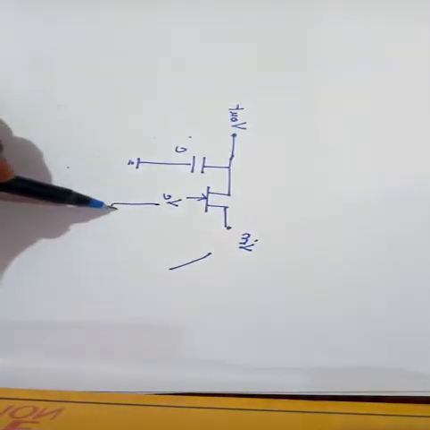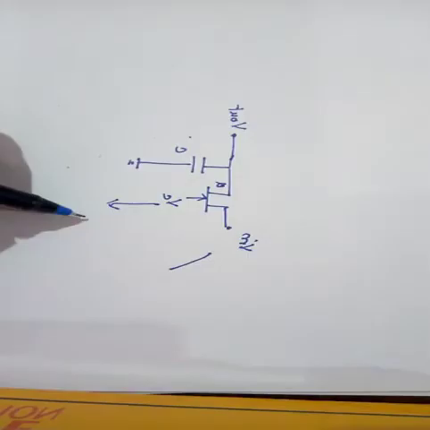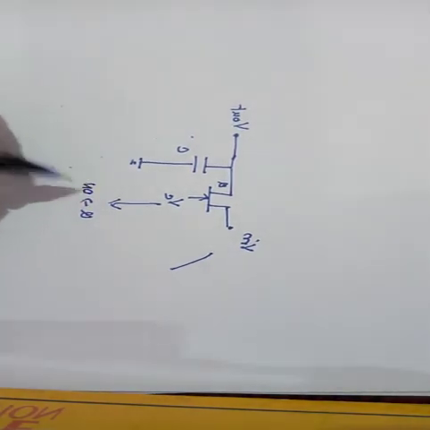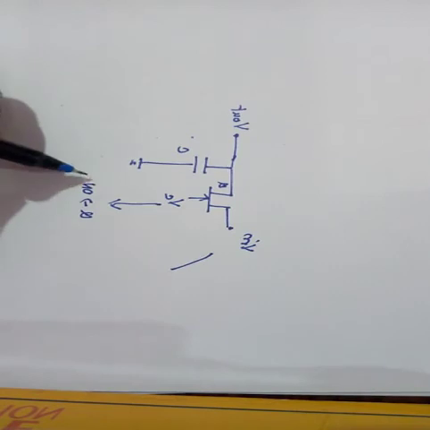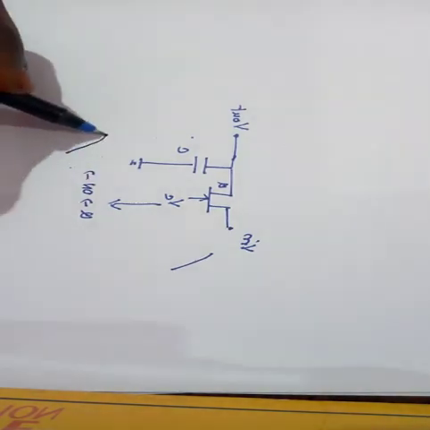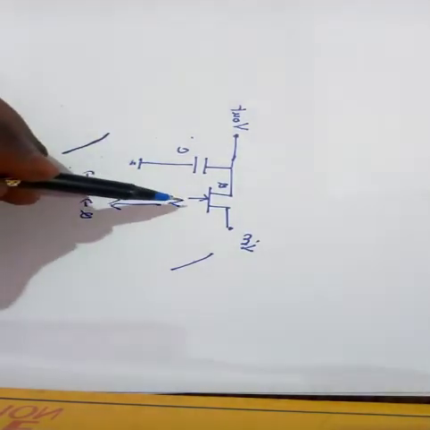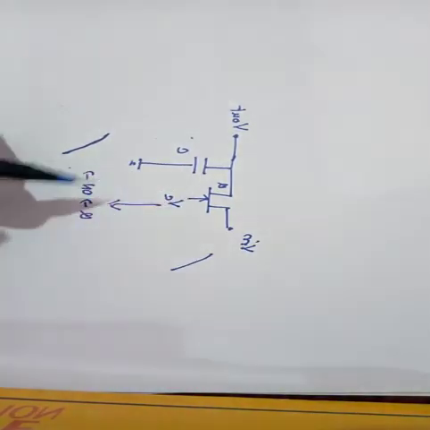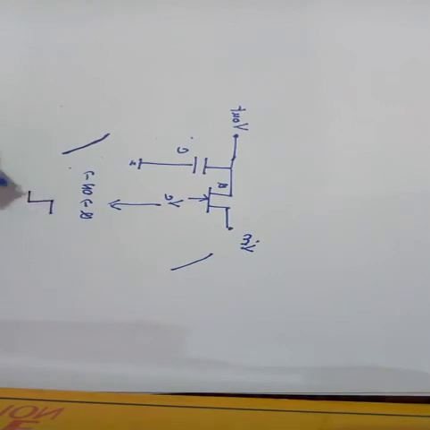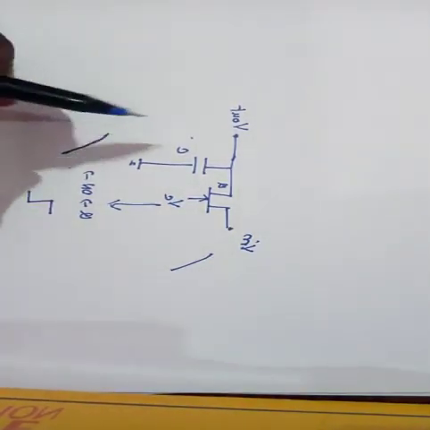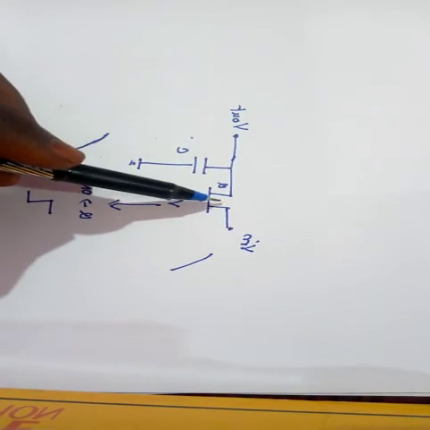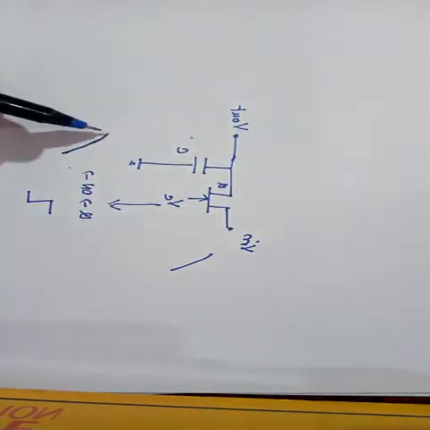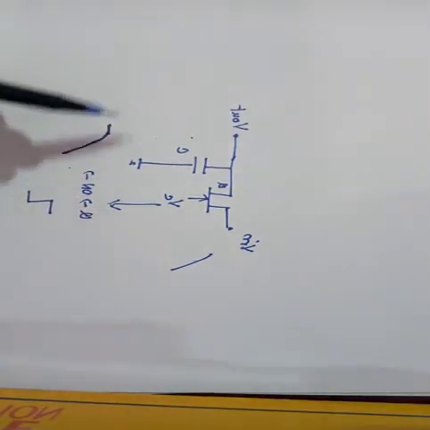During the on state of Q, the capacitor will charge as long as I keep VC on. When I give a negative pulse, what happens? Because of this infinite impedance, the capacitor cannot discharge via this path, so it will hold the value.